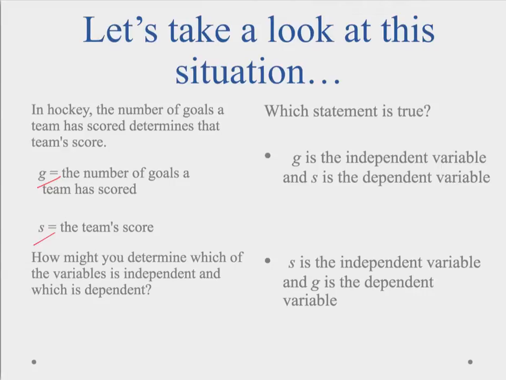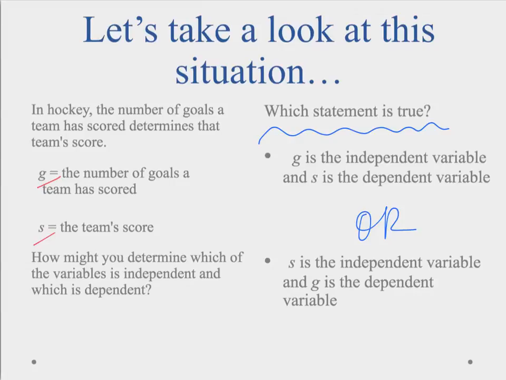Or does our score depend on the number of goals we've made? So if you look on the right side here, which statement is true? G is the independent and S is the dependent? Or S is the independent and G is the dependent?